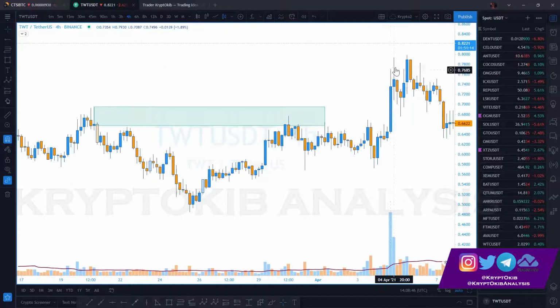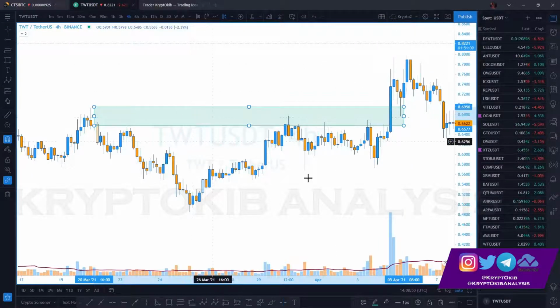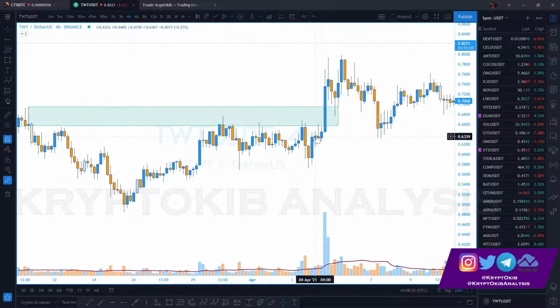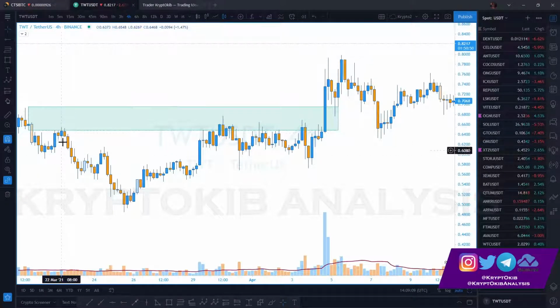Before then, we have a break of this zone. When we talk about level to level, as this zone is also taken out, there definitely is a demand at this point. If a zone gets taken out, like a supply gets taken out like this, then there is a demand at that particular point strong enough to take it out, especially when the zone has held multiple times, like 1, 2, 3, 4 times before getting taken out.